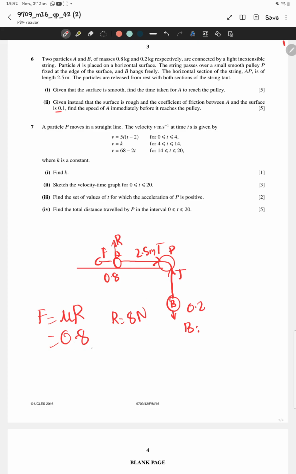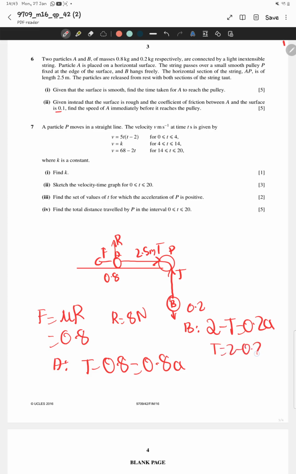So we can again make two equations for A and for B. For A, it's tension minus 0.8 equals 0.8a. And for B, it's 2 minus T equals 0.2a. So T will just be 2 minus 0.2a.